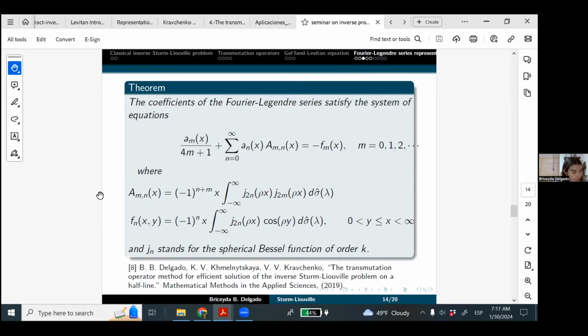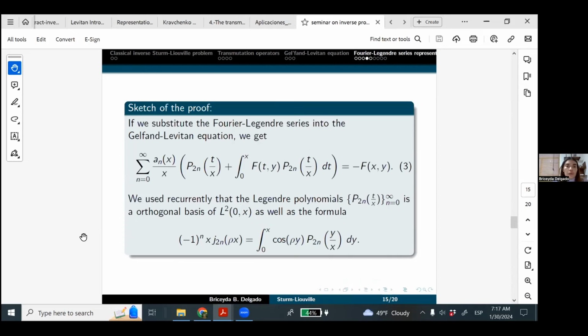I don't give the complete proof, I just give a sketch of the proof. And the ideas are the following. If we take the Fourier-Legendre series representation and substitute it in the Gelfand-Levitan equation, we will get an expression like this. Here is the substitution done.